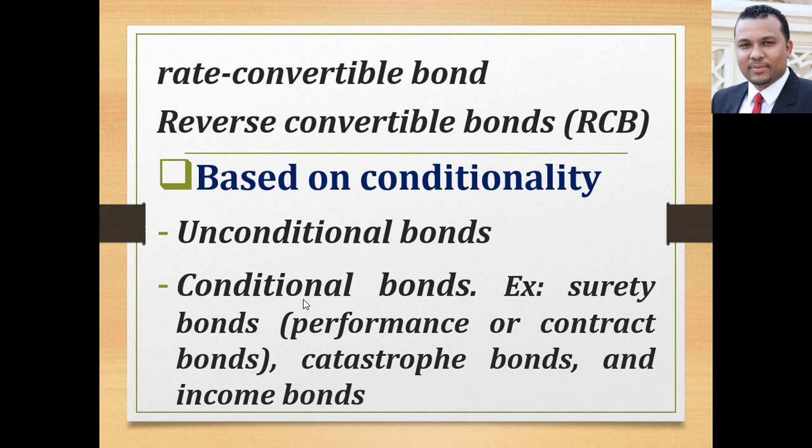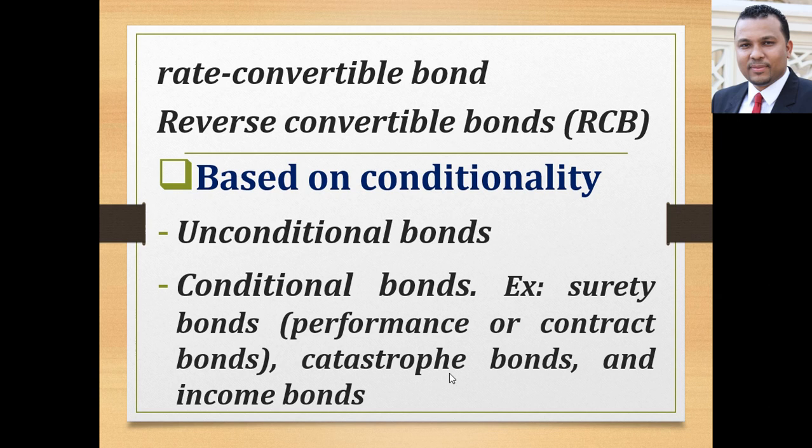For the first category, surety bonds, the insurance corporate can pay the bondholder an amount because the contractor failed to meet the obligation.